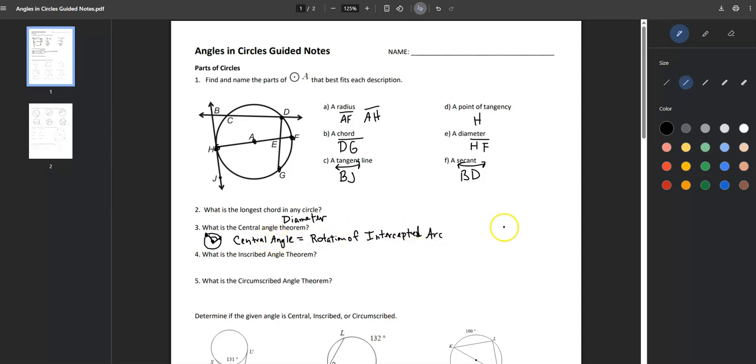So again, if I had a bigger picture here, this angle right here and this arc that's rotated through here would be the same. Okay? So again, if this was, let's just say this is 80 degrees, we would say that this is rotated from here to here 80 degrees as well. So the central angle is going to be the same as the intercepted arc between those two.